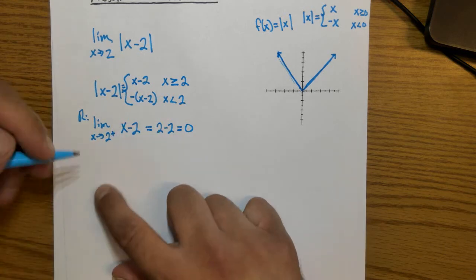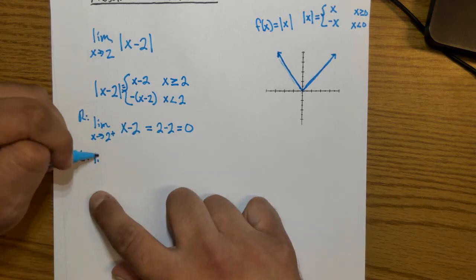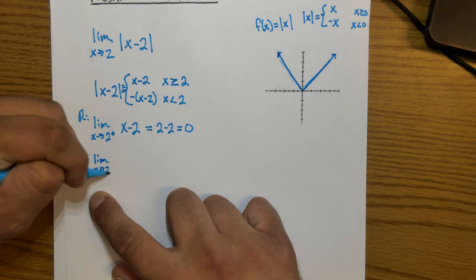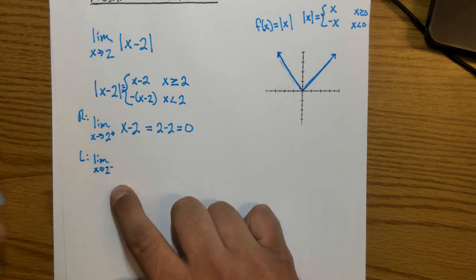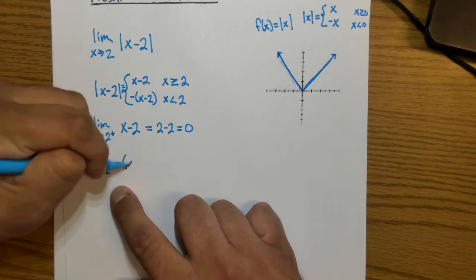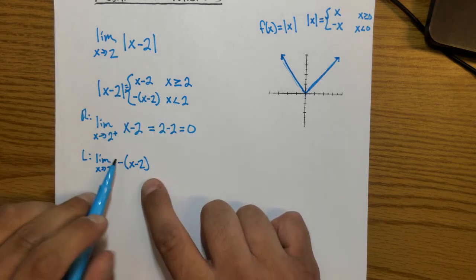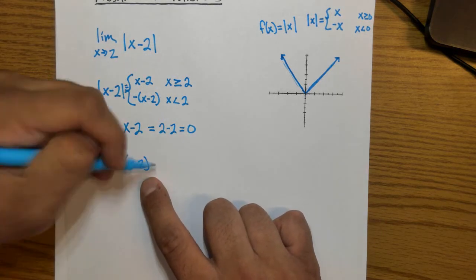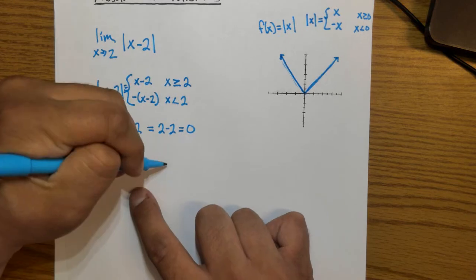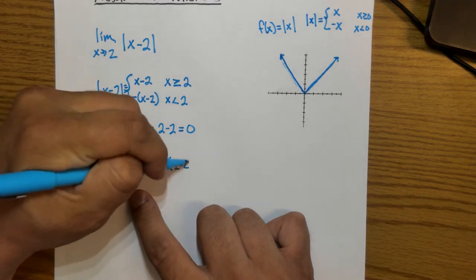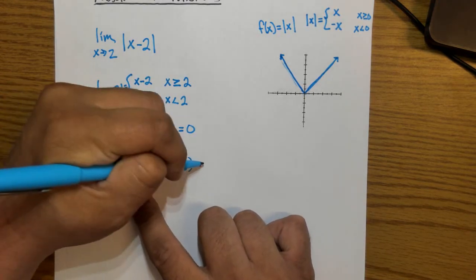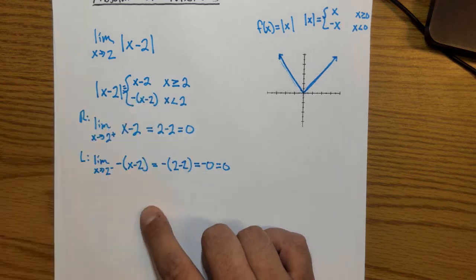Now let's do the left-hand side. The limit as x approaches 2 from the negative side, it's going to be negative (x minus 2). That is the function when x is less than 2. So again, we can just plug in our 2. We have negative (2 minus 2) equals negative 0, or just 0.